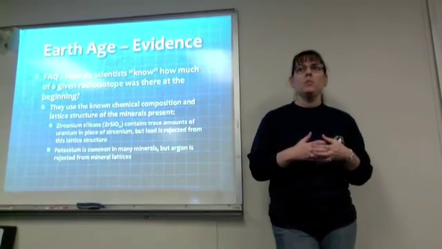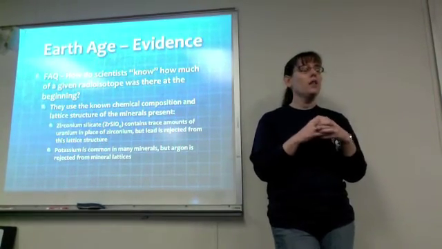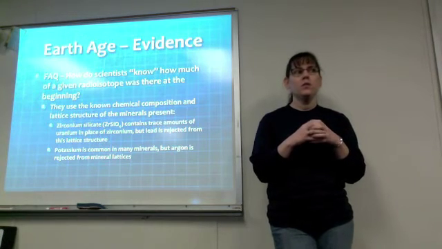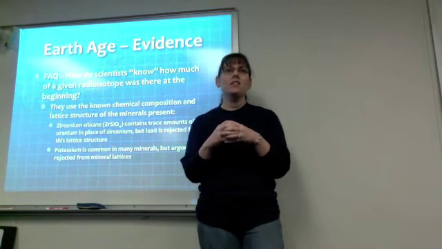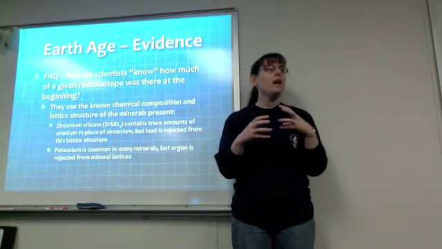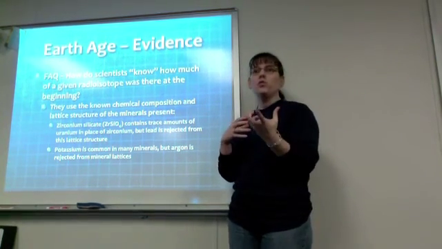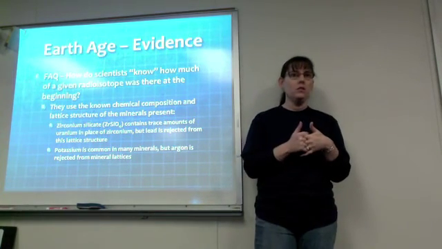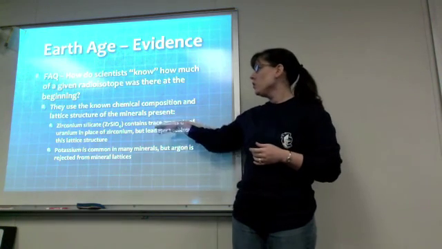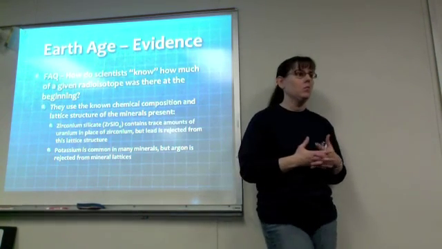In those crystal lattices, based on the size of the elements that are in them, different elements might occasionally substitute in. So, for example, in zirconium silicate, there are trace amounts of uranium.